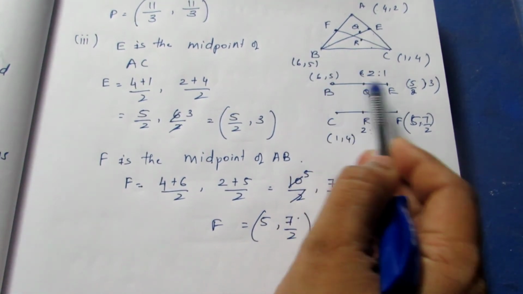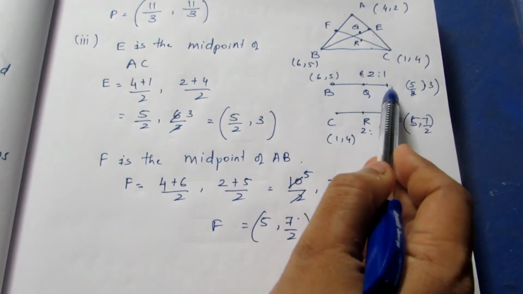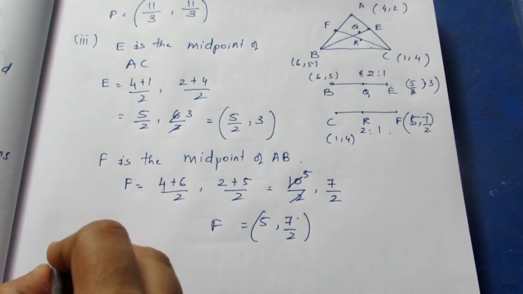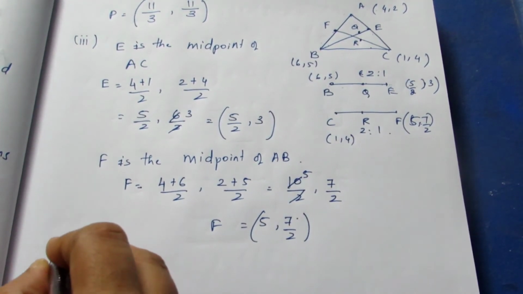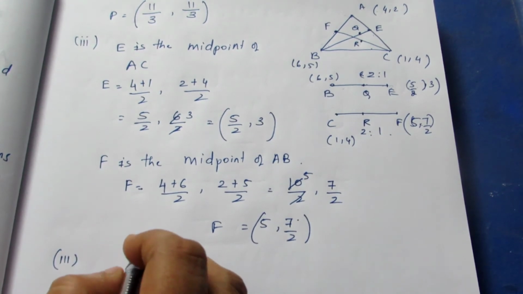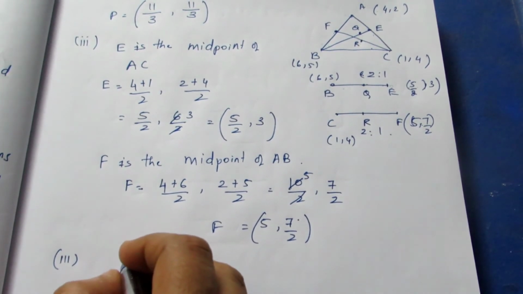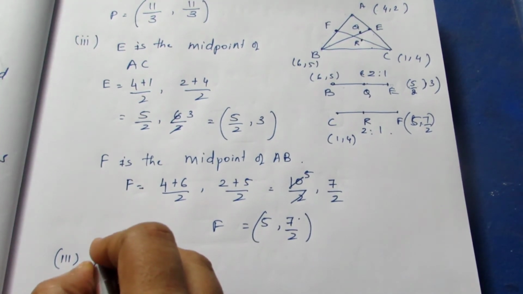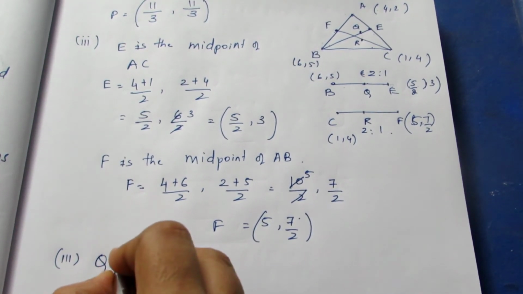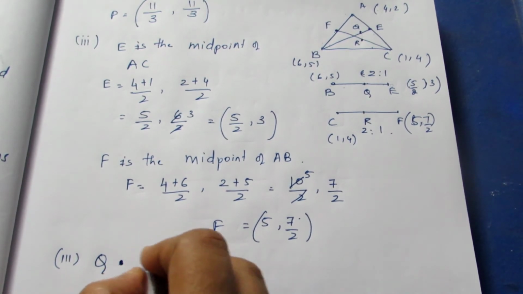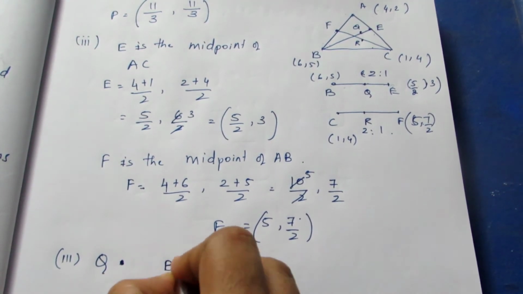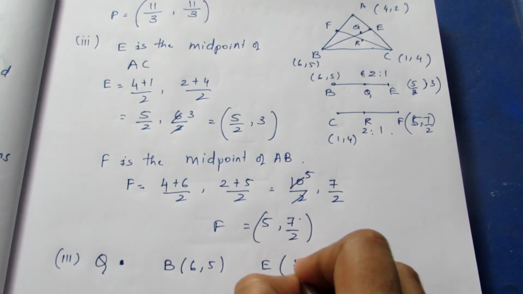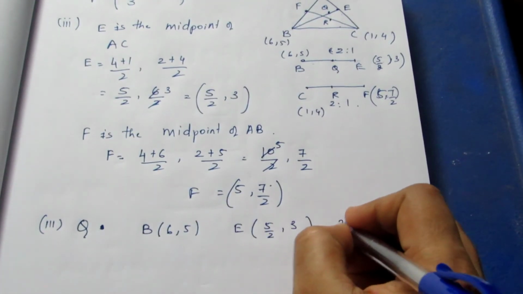We know that BE is divided in the ratio 2:1. To find Q, we are going to use the ratio formula. The ratio formula also we have written before, so directly I am going to substitute it. For Q, let me write the values. B is 6, 5, E is 5 by 2, 3, and the ratio is 2:1.